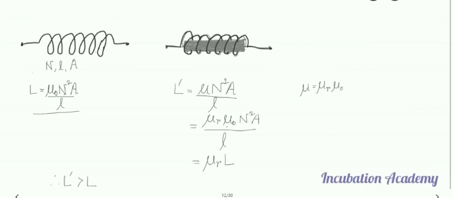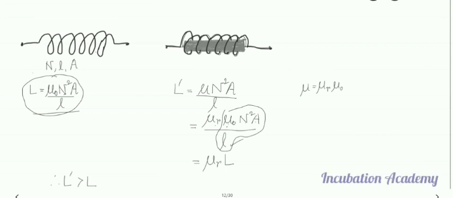So obviously this is mu r mu naught N square A divided by l. This expression is similar to that of the inductance of this iron core coil.